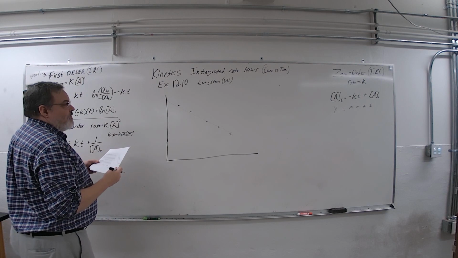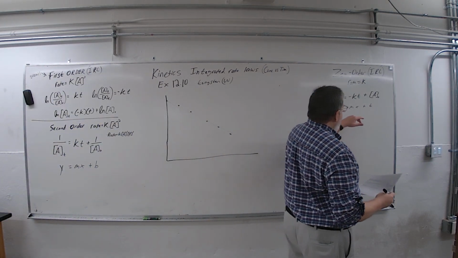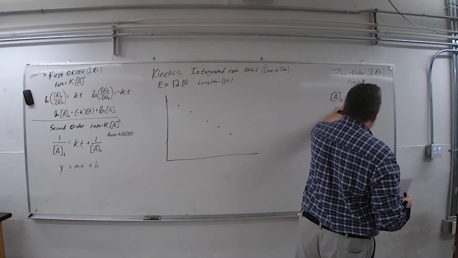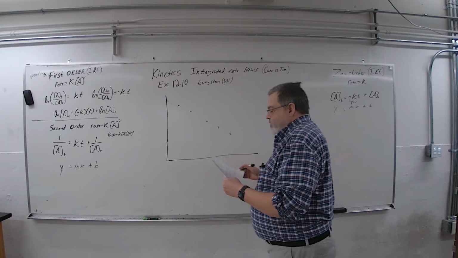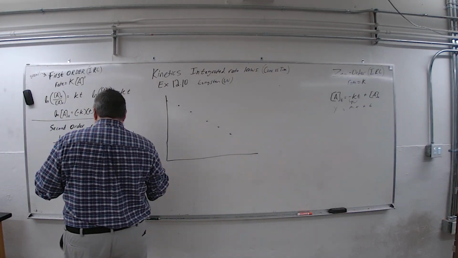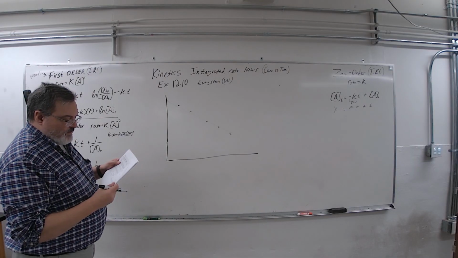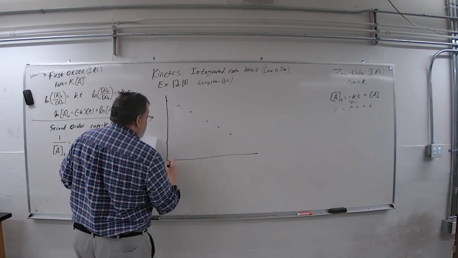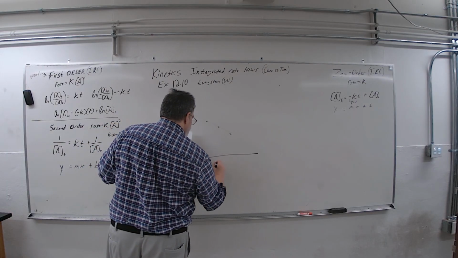And they say, so if you have this, a straight line, and you want to estimate K, again, you're doing rise over run. And yes, you have to estimate by looking at this graph, but definitely this first point is 0, and we're in seconds.